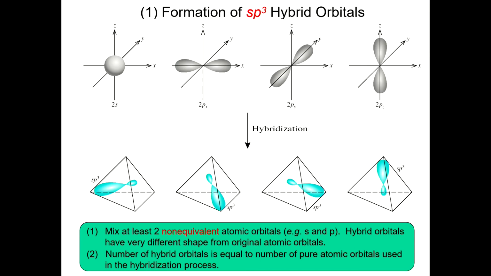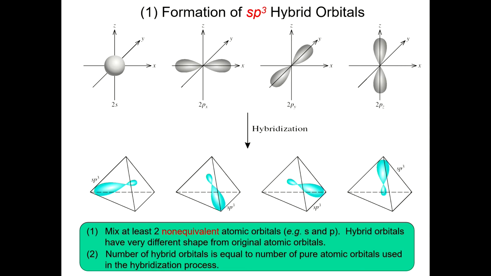After the mixing, the shape of the sp3 orbitals is like this. This is different from the dumbbell shape, but in this one, this side is larger than this side.